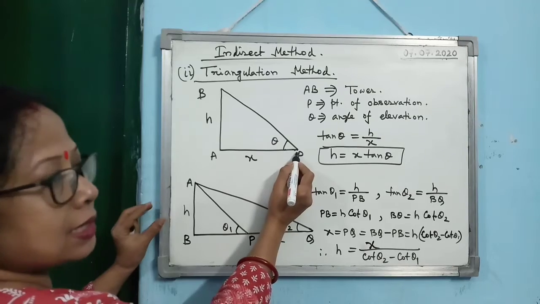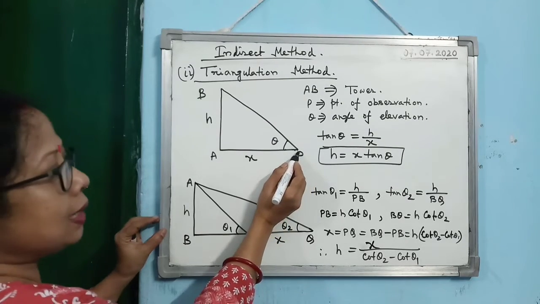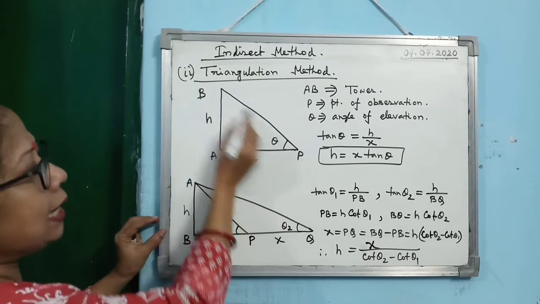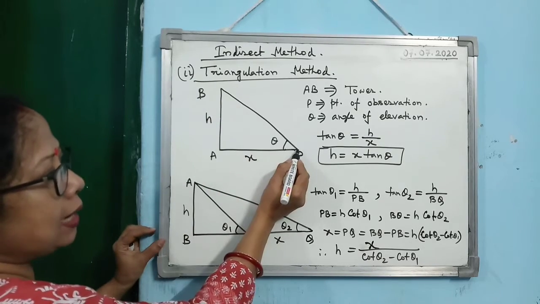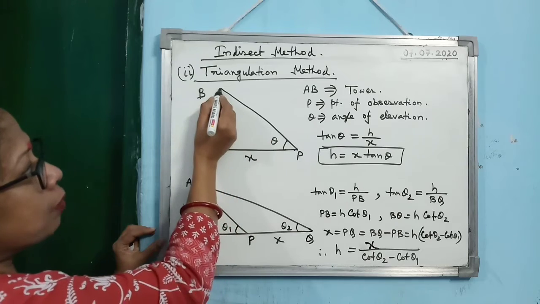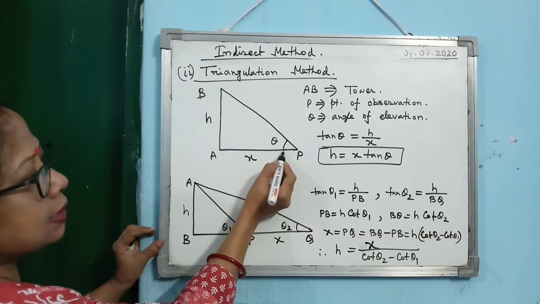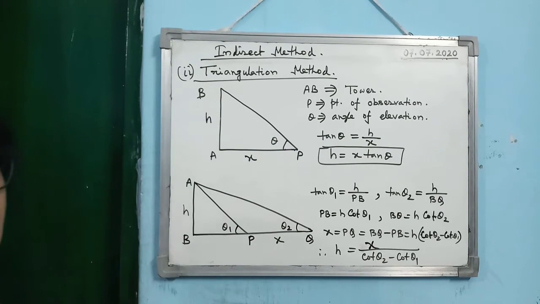How will we do it? You stand at a certain distance from the tower and find out the angle of elevation of the top of the tower. At the point P you are standing, and if you look at the top of the tower, PB, then this theta is known as the angle of elevation.